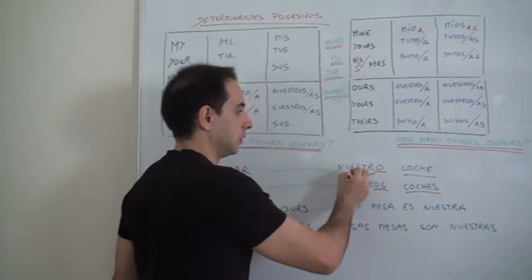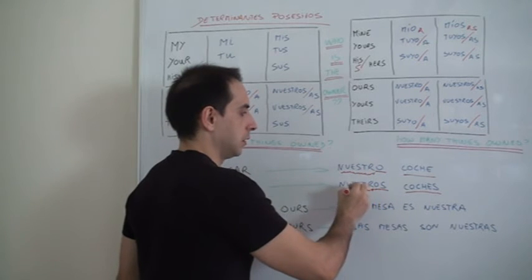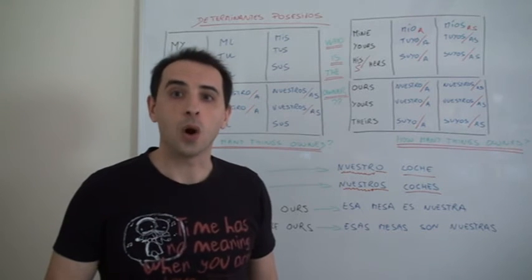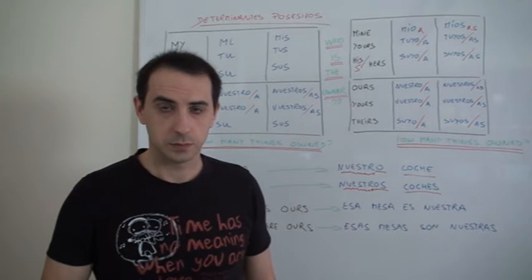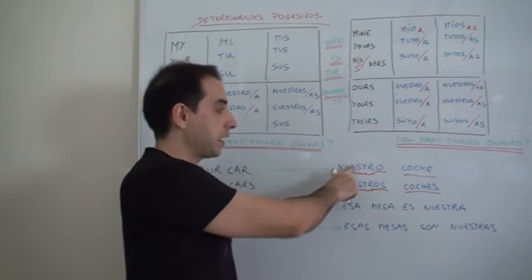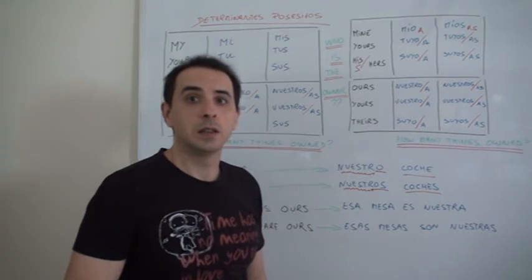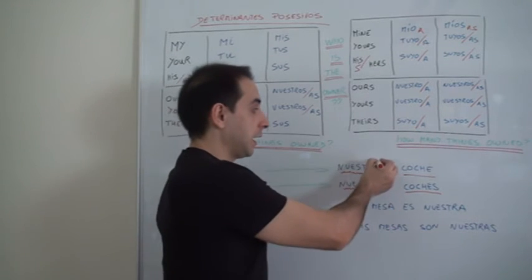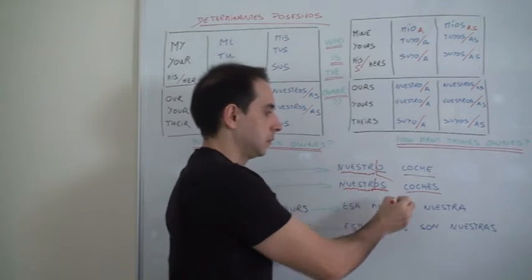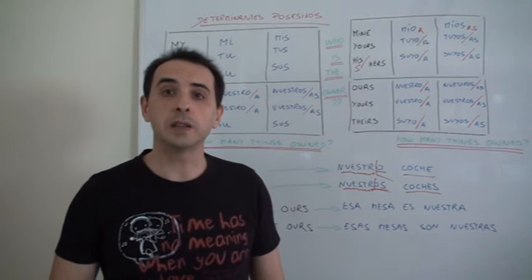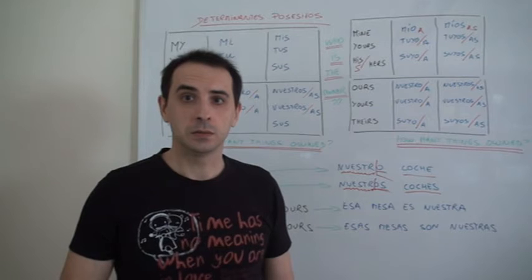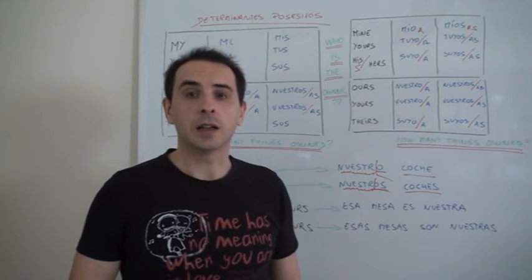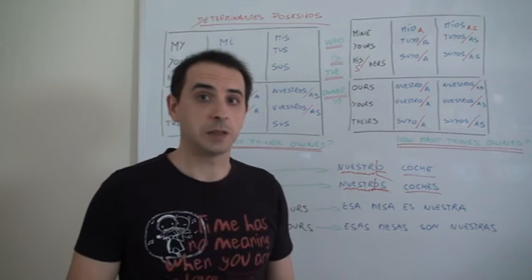This part, like in English, is related to who owns the car. So you pick the first part, like in English, thinking about who is the owner, and the ending depends on how many objects the owner owns, and are they masculine or feminine.